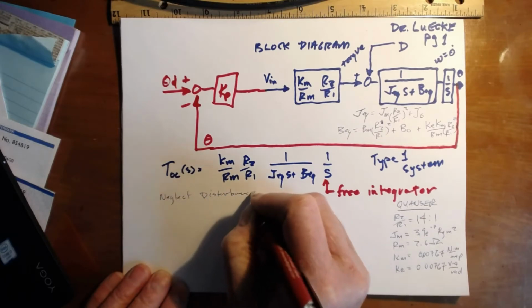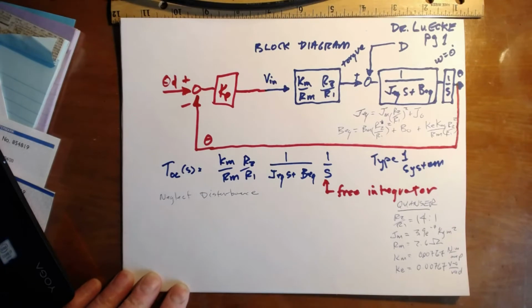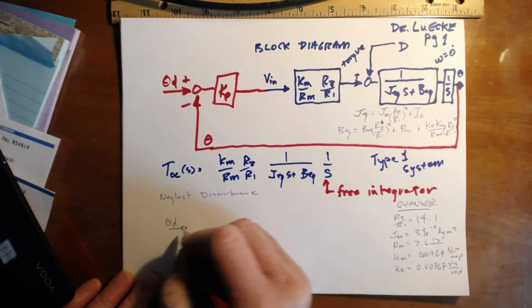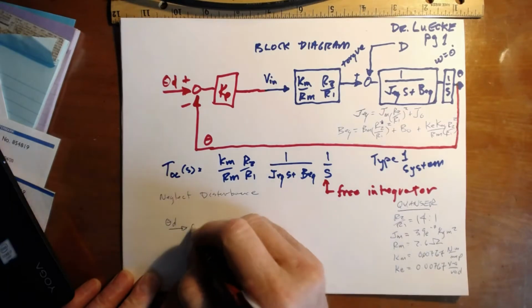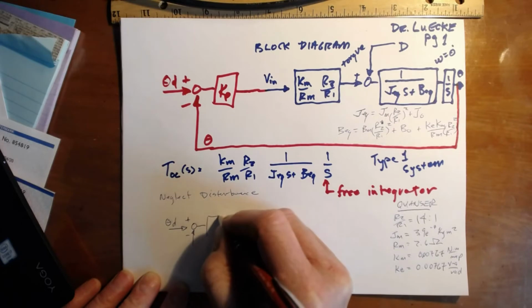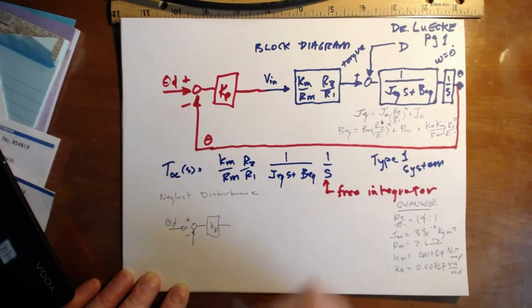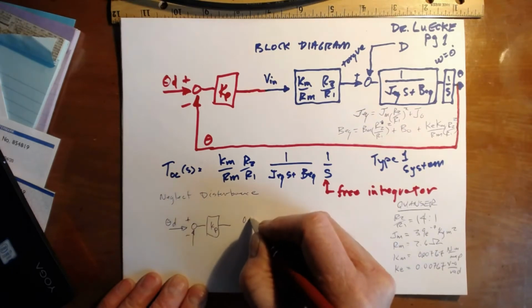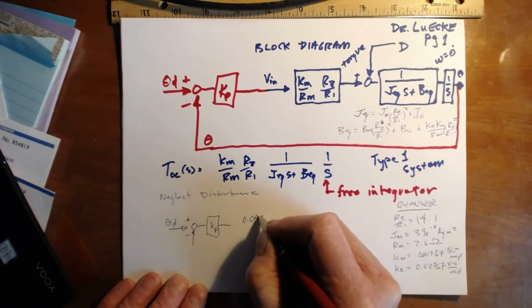And now I can make my closed loop system just look like this: theta desired, plus minus, here's my Kp. I'm just going to put numbers in if that's okay with you. This is 0.04134135.